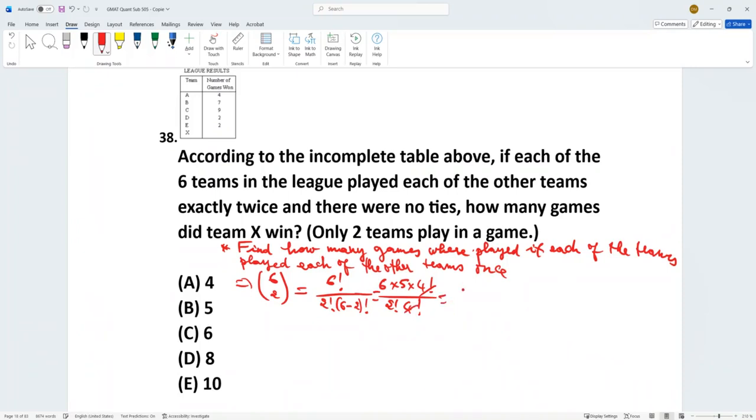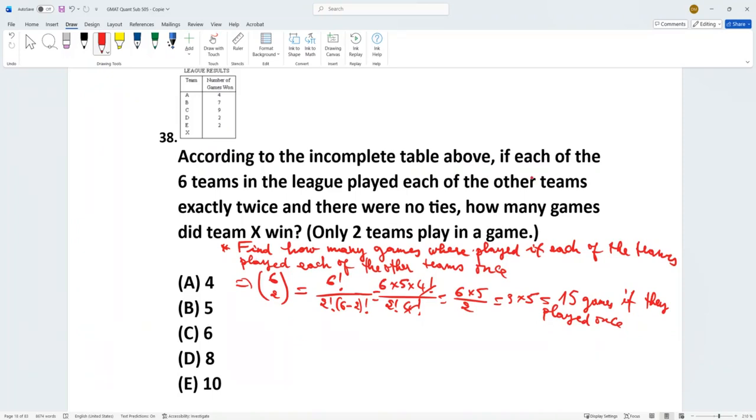So 6 times 5 divided by 2, which is 3 times 5, equal to 15 games if they played once.